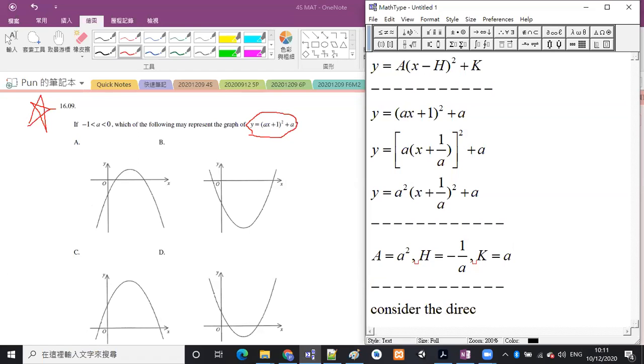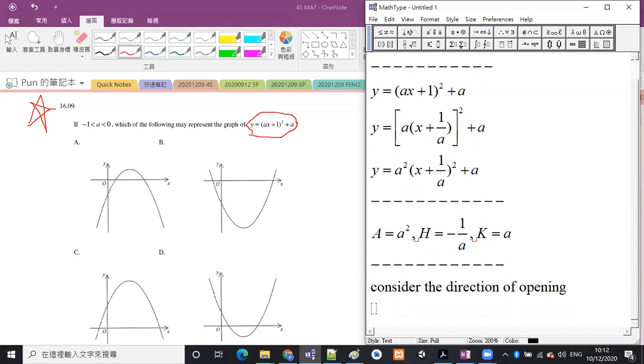好啦，咁如果咁嘅話，我哋首先 consider the direction of opening 先。不過今次就唔係有個 graph 俾咗你嘅，佢係問你以下邊有個 graph 可以符合到我哋呢幾個 AHK 數值砌出嚟嘅一個 quadratic graph 咁樣。OK，但係我哋知道 A is a square, but a square must be larger than 0. Can you see this?